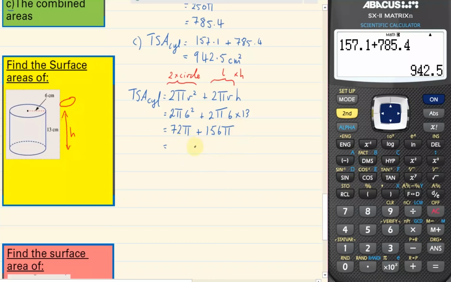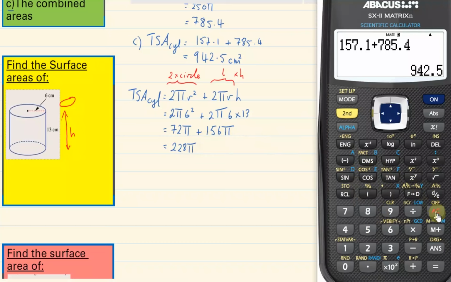Now, because they're like terms, I can actually add those two together. So 72 plus 156 is 228, I think. I'll double check that. It gets late.